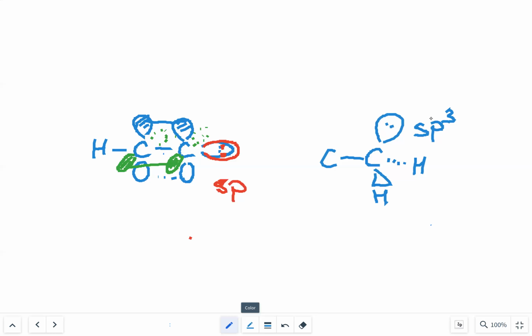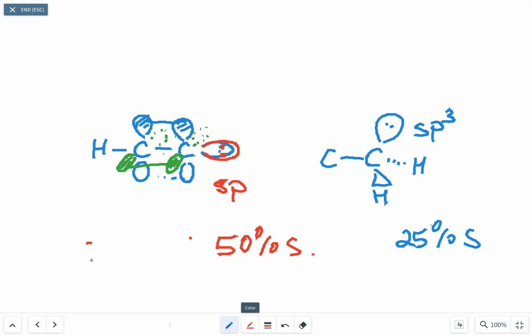Now, the way that textbooks will describe this, the sp3 is 25% s, and over here, this would be 50% s. And so if we started with an s orbital here and the p orbitals were over here, and we mix them to make sp3 hybrid orbitals, if this was the energy scale, if this is where the s used to be and this is where the p's used to be, you would have 4 which were basically slightly lower than where the p's were.